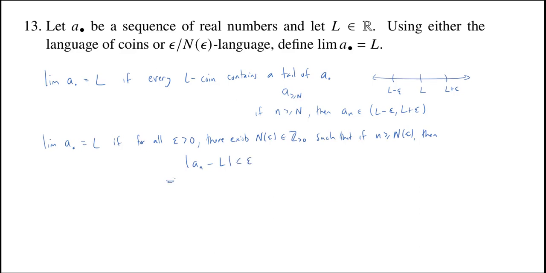Alternatively, you could even write a sub n is in the L coin of radius epsilon. That would be fine too, but this version is more standard. Okay, let's move along to problem 14 so we can look at some limits of actual sequences.